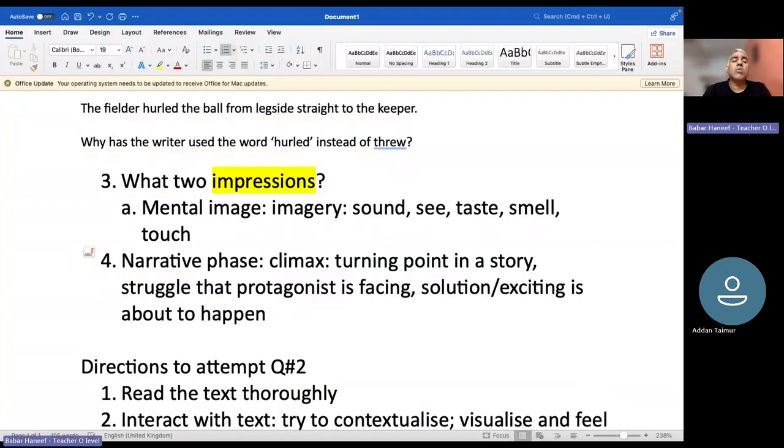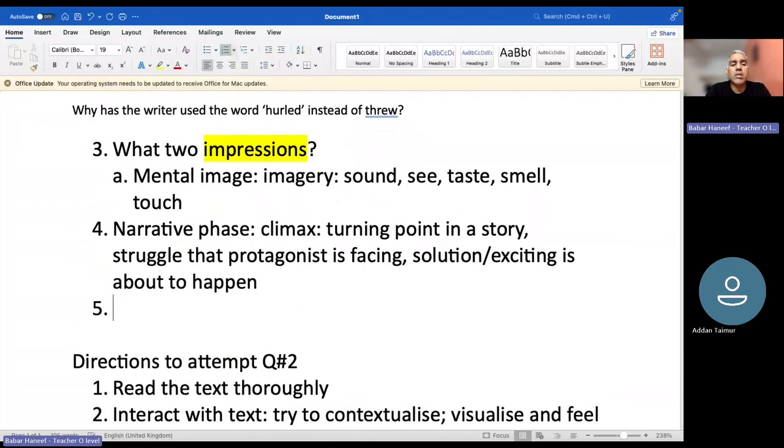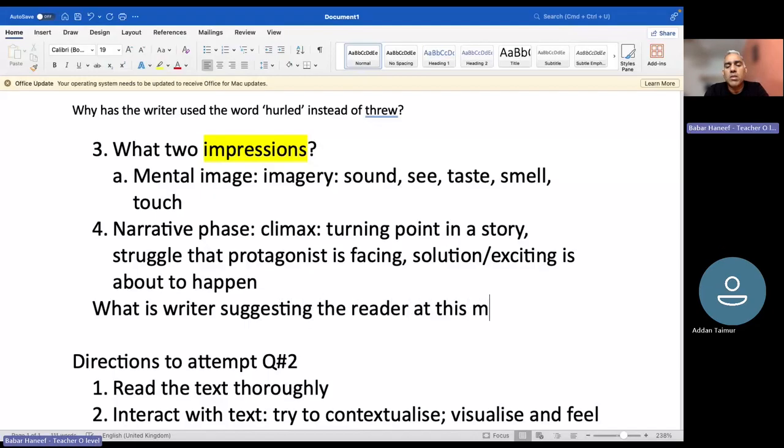So usually this question in the paper is about what the writer is suggesting at this moment. You have to read those lines, go for their connotative meanings, and then suggest what the protagonist is facing at that moment. So this question is usually about what the writer is suggesting to the reader at this moment.